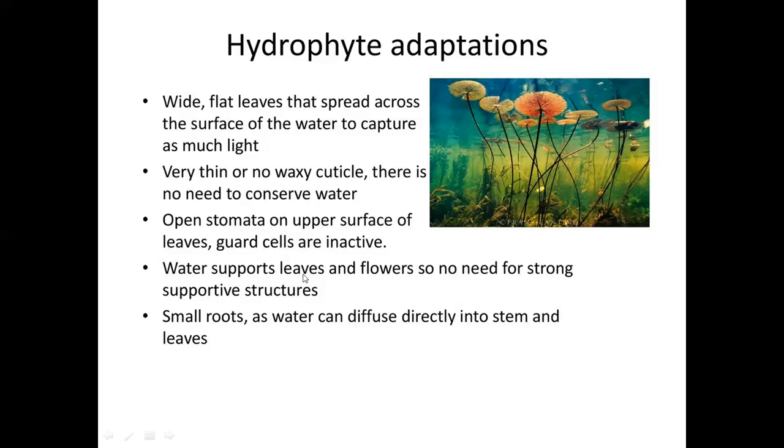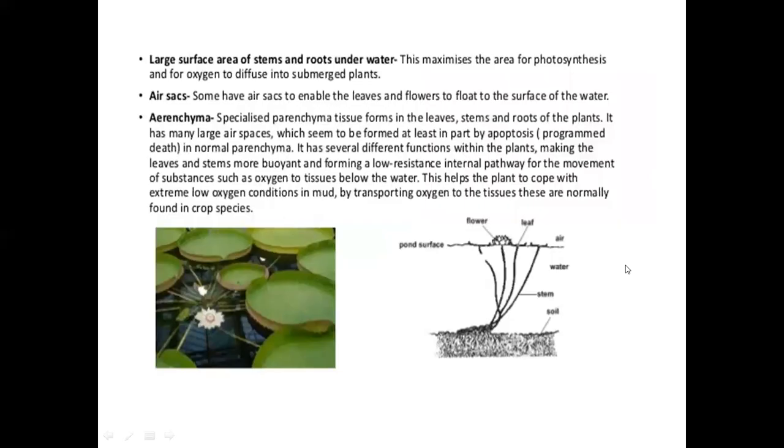So there is no need of a well-developed root system. So there is a large surface area of stems and roots under water. This maximizes the area for photosynthesis and for oxygen to diffuse into submerged plants.